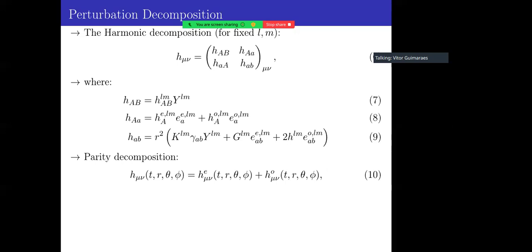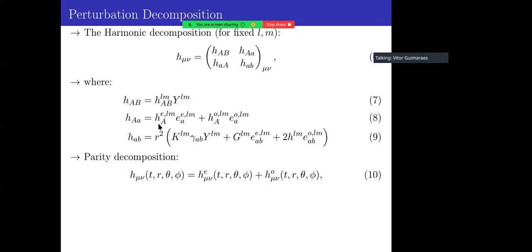But this demands a symmetry. The symmetry is provided to us by the background metric, right? The Schwarzschild metric is spherically symmetric, so we are using this in our favor. The way to do so is to use as basis objects that are invariant under rotation, which are these objects here, right?